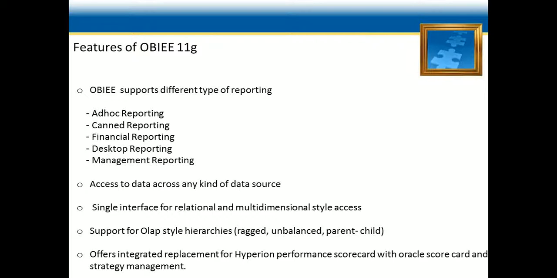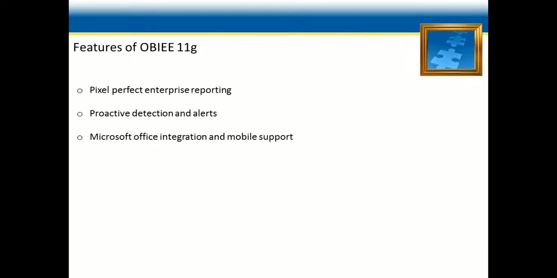Also support for OLAP style hierarchies, that is ragged hierarchies, unbalanced hierarchies, parent-child hierarchies, which ad hoc reporting uses. We also have an integrated replacement for Hyperion Performance Scorecard with Oracle Scorecard and Strategy Management. So these are the features of OBI 11g you will get when you purchase the 11g version.